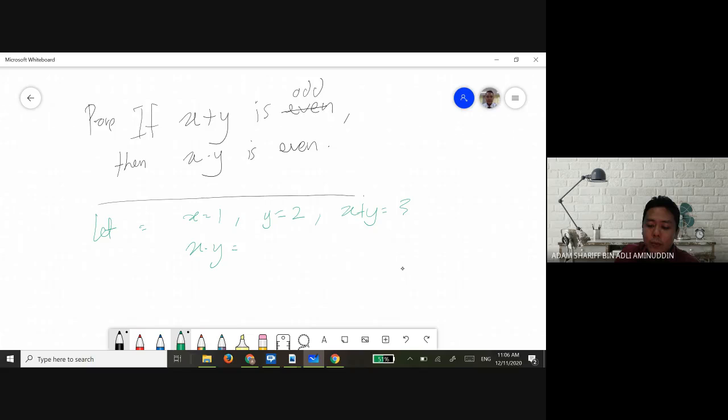XY is 1 times 2, is equals 2, is even, betul. However, this is not actually only true for the case of 1 and 2. It's applicable for any number.